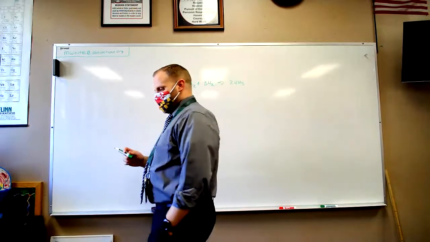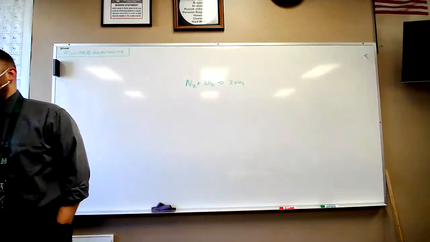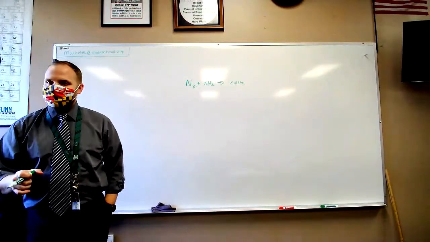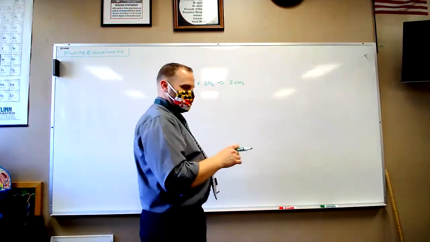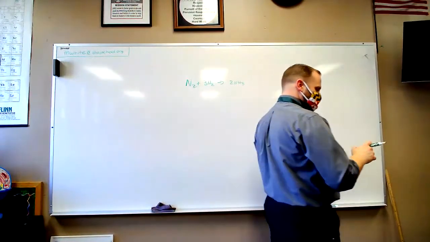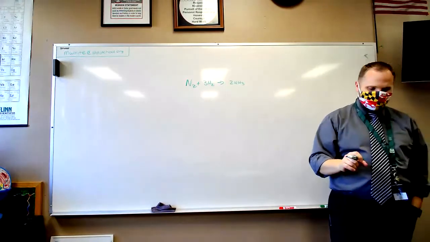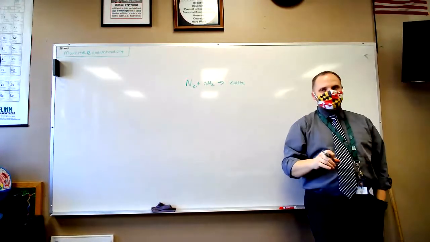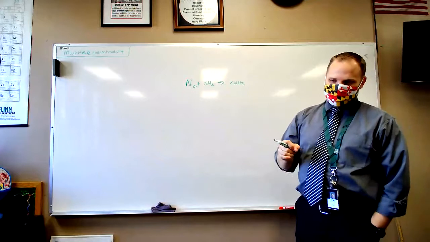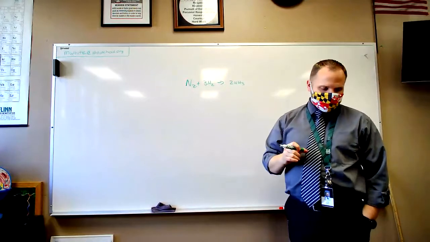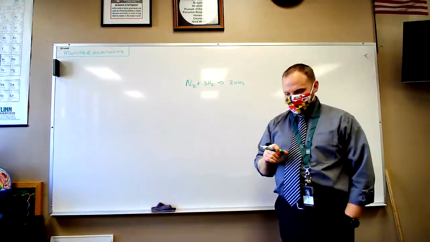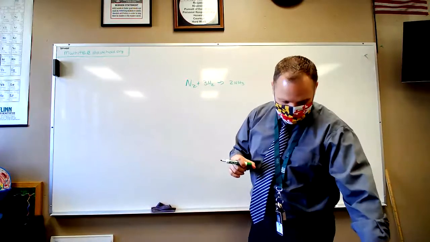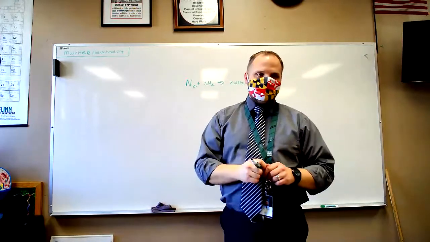Now, to be completely honest, there are multiple ways that you can attack this problem. Okay. We're going to go through the way that this example sets it out, and then we'll talk about some of the other ways that you could have done it. Doing it the way that this example gives, it'll get you the right answer every time.